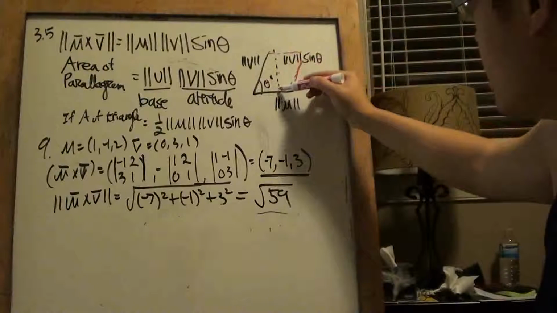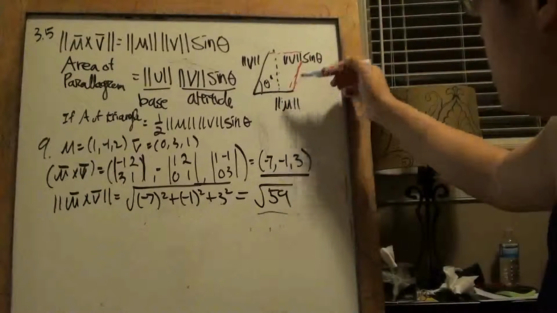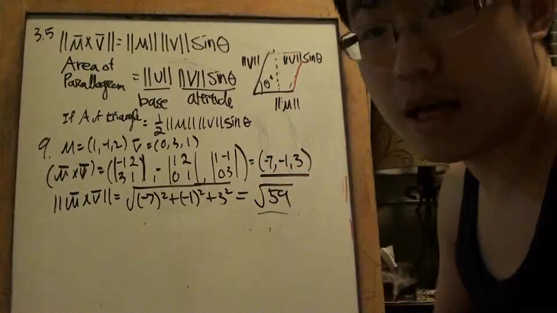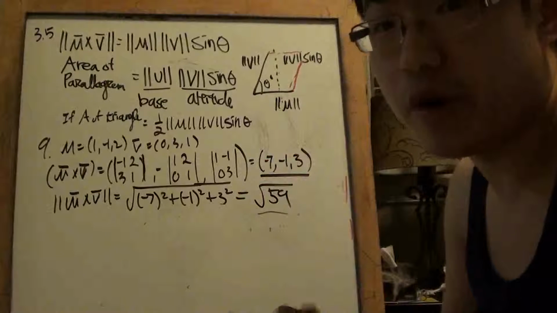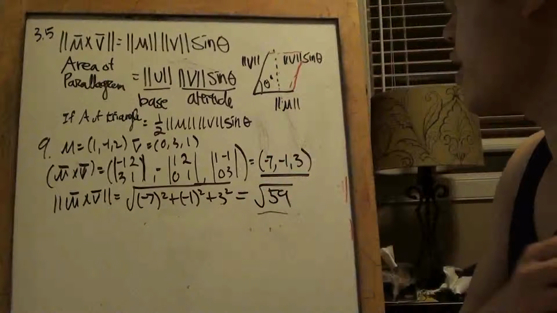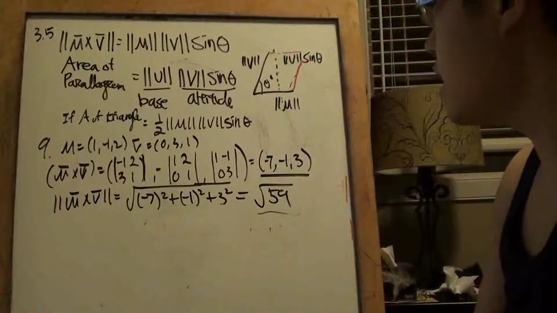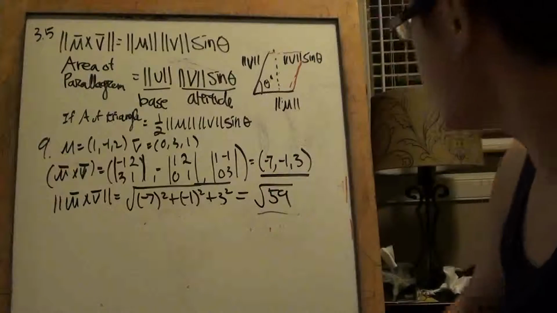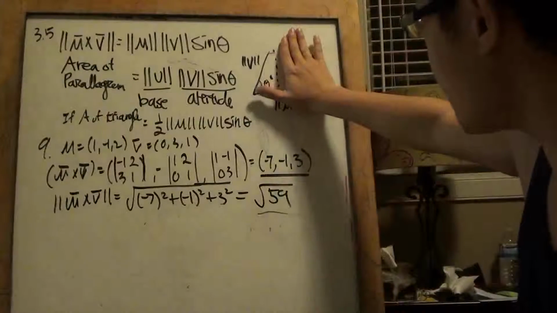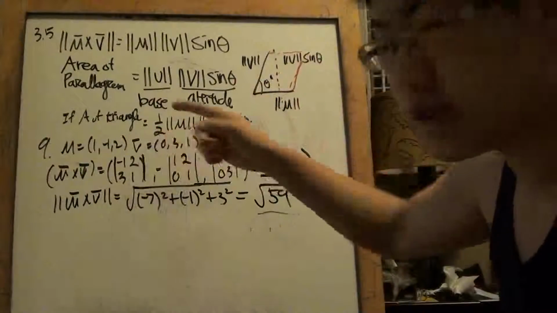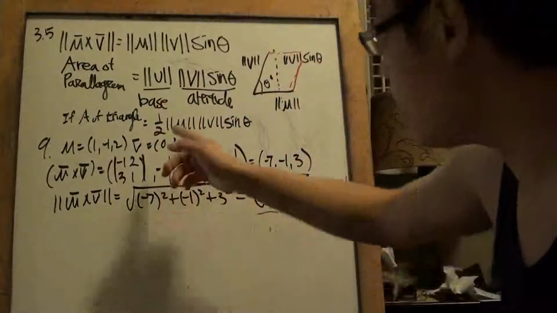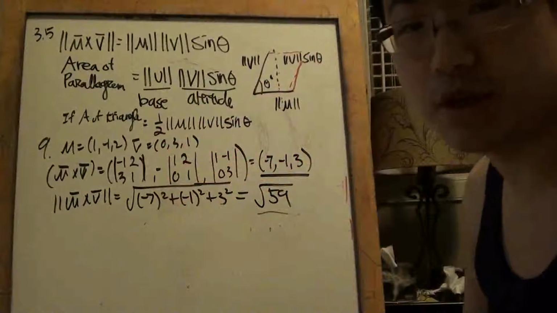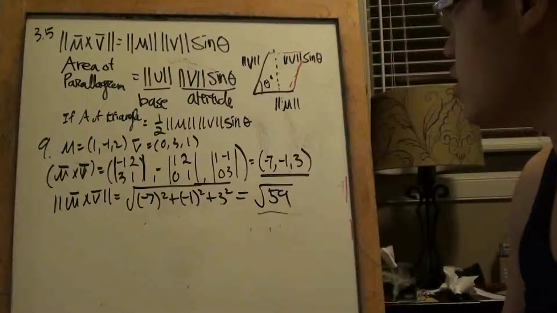Then you multiply by the base, and that is exactly the area equation for the parallelogram. Now if it is a triangle, it's effectively cut in half, so don't forget to divide by 2: base times height divided by 2. That's all you need to know about it.